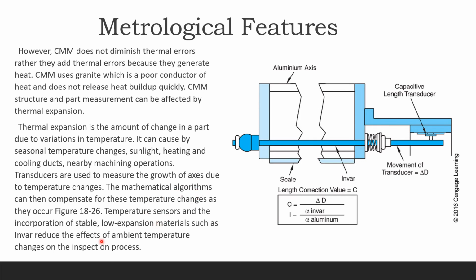The temperature sensors and the incorporation of stable, low expansion materials such as invar reduce the effects of ambient temperature changes on the inspection process. So we correct the thermal errors not only physically on the floor, we also correct by using mathematics, and that is your key point to know.